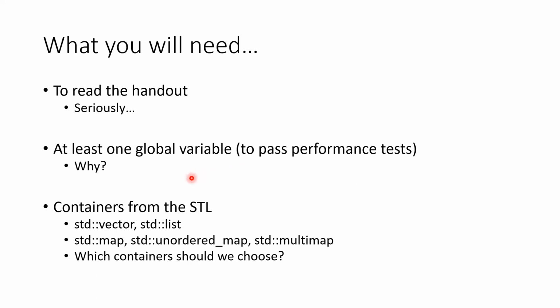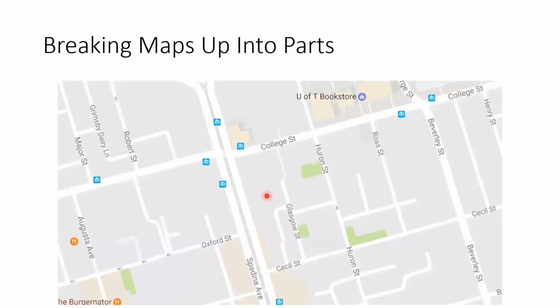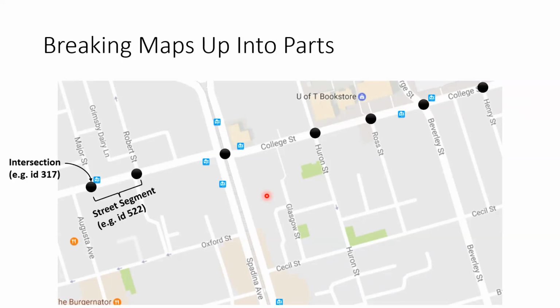So you will be using the containers from the STL to access data really quickly. Breaking the map into parts, here is the data you will be seeing. First, you will be seeing the intersections.